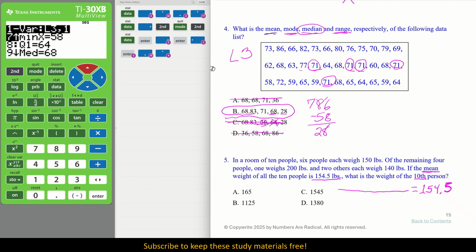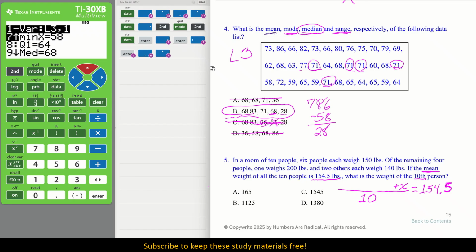Okay, then when I write it in, we're going to put it into the calculator very quickly. Now, you can go ahead and solve it algebraically by hand if you like, but I'm not going to do that. Okay, I know that I will divide by how many people we have, which is 10. And I know that I need to call the 10th person X. I don't know how much that person weighs. It's an unknown weight.